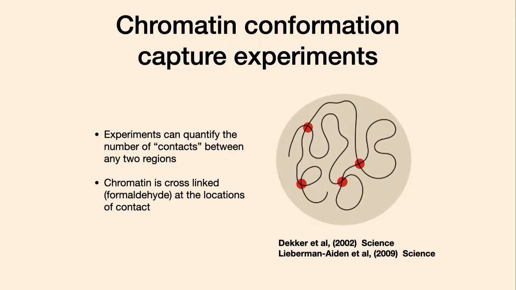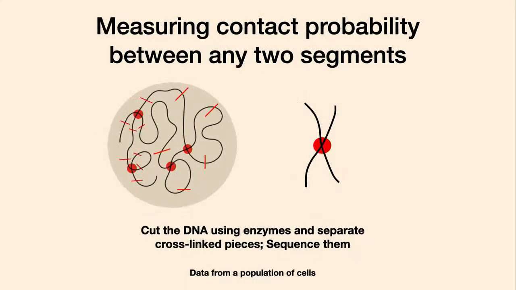You add a cross-linking agent that cross-links wherever they are folded and in contact, and then you add an enzyme that cuts the DNA at random locations. For example, it cuts here, here, here, and here.